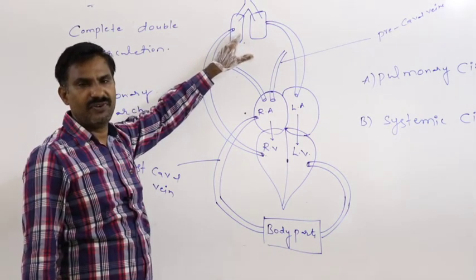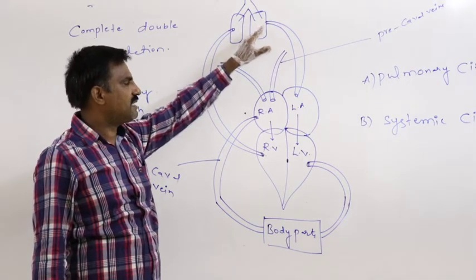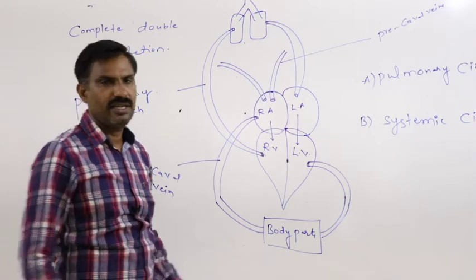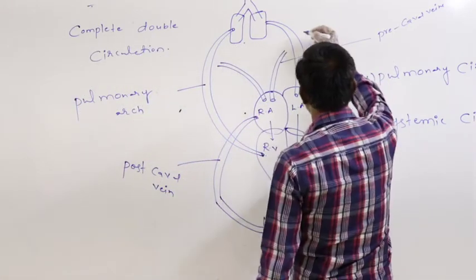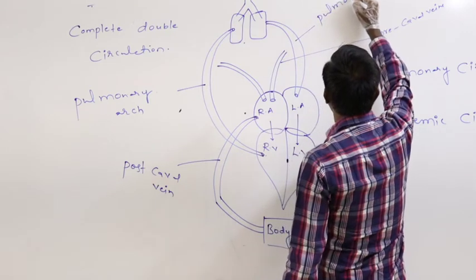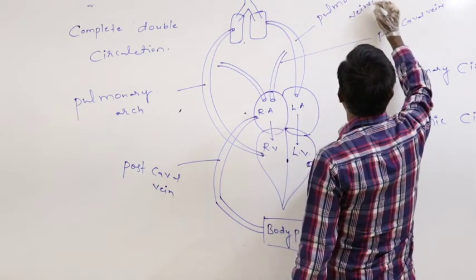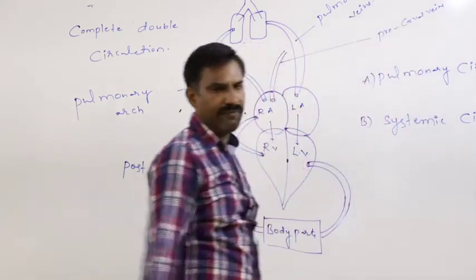After getting the purification, oxygenated blood from the lungs is pumped into the left atria through pulmonary veins. These are the pulmonary veins.